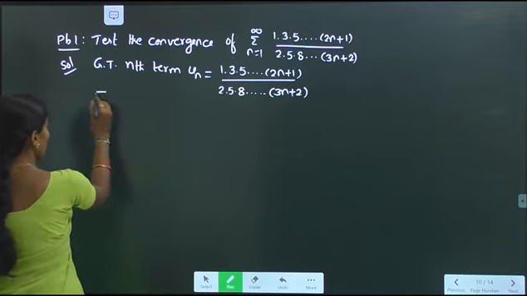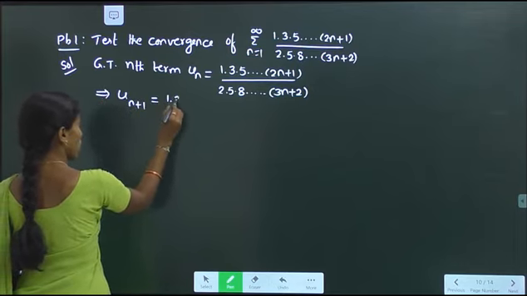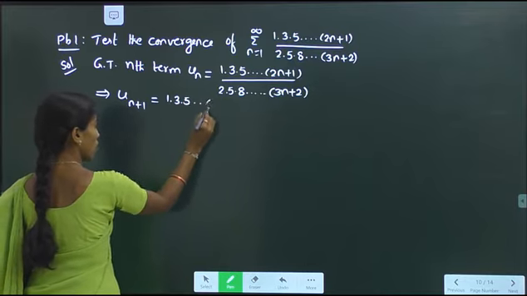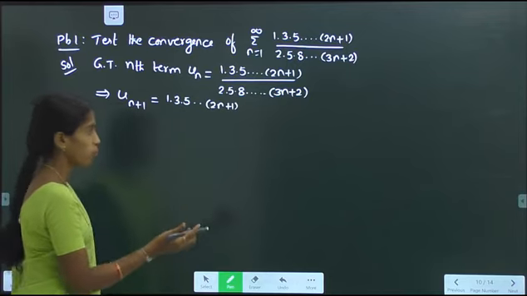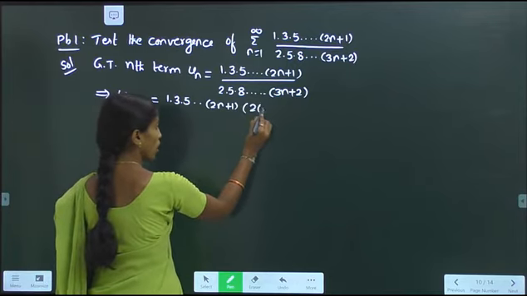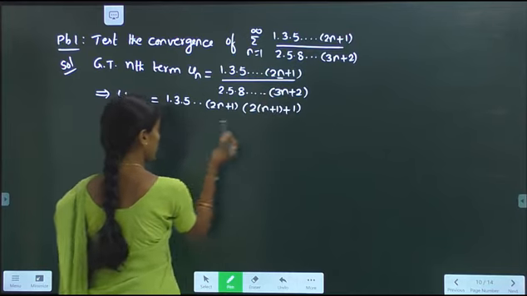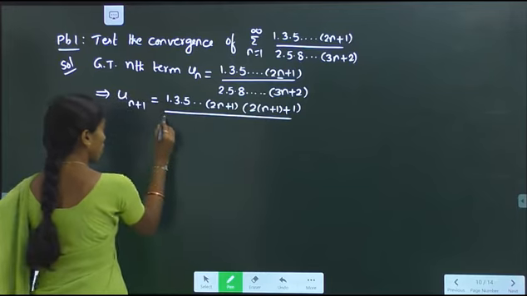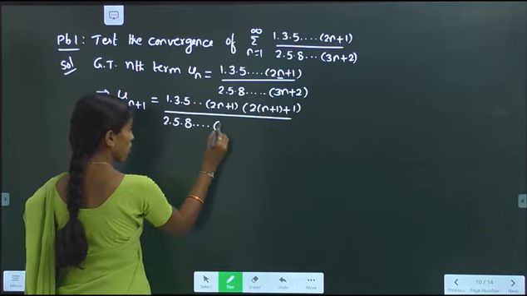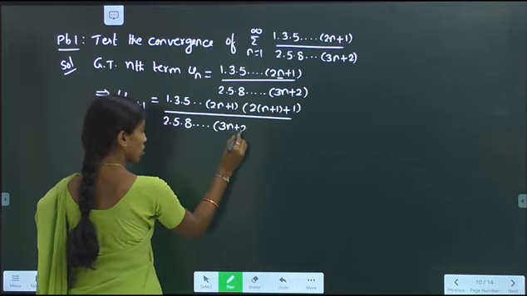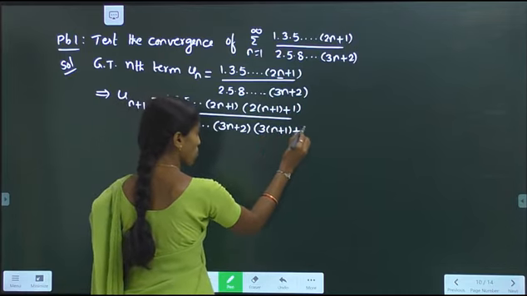So from this, write the un plus 1 value. 1, 3, 5 and so on up to 2n plus 1. We need to write the next term also. So put n plus 1 in the place of n.